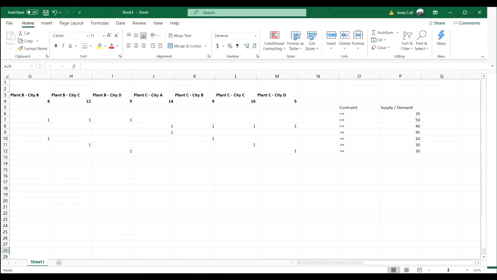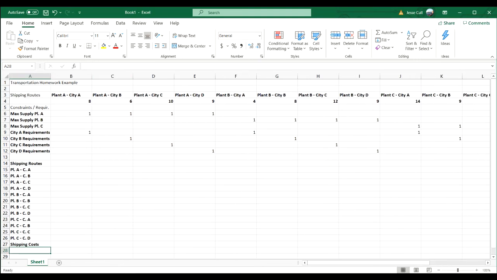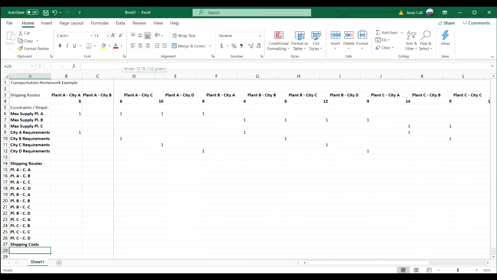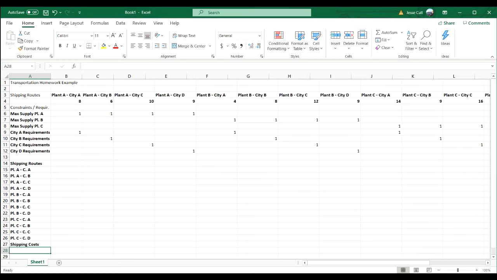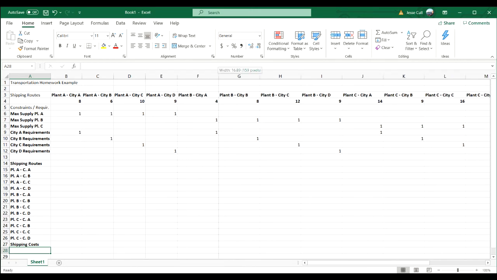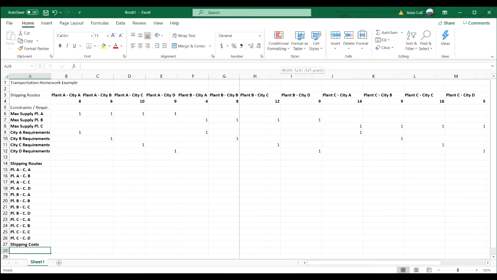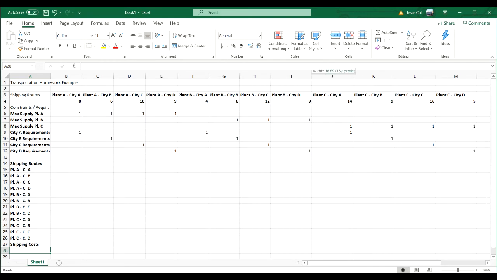Okay, so we'll minimize some of our columns to make things a little more clear. Once we get everything on the same page, hopefully it'll be a little easier to visualize.